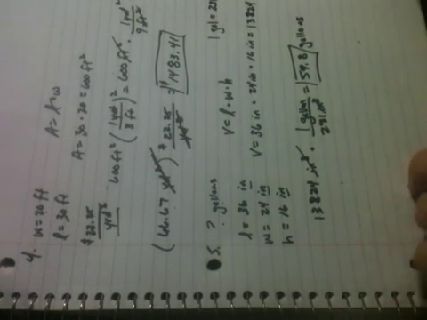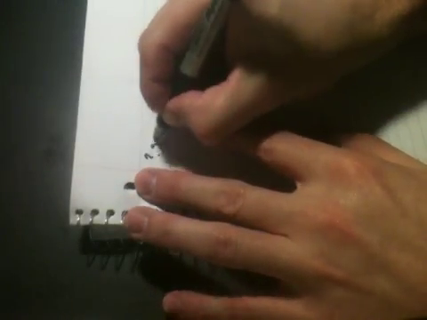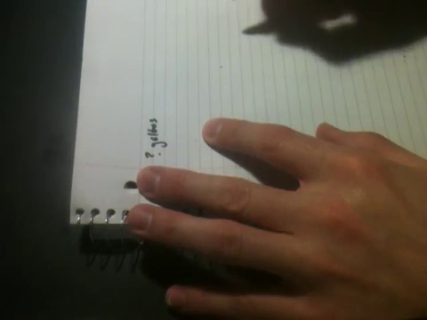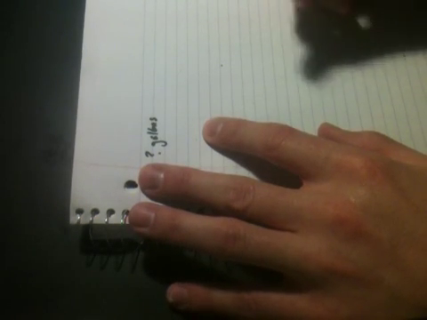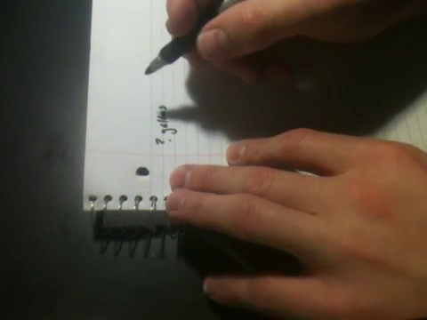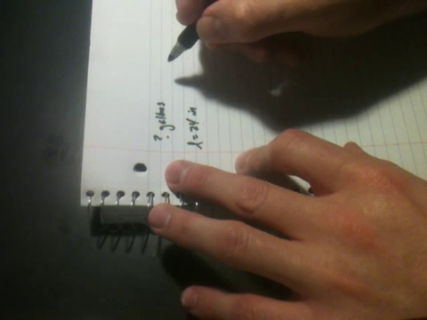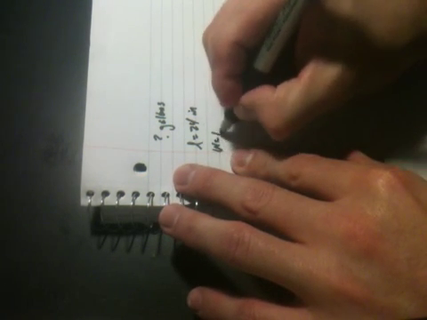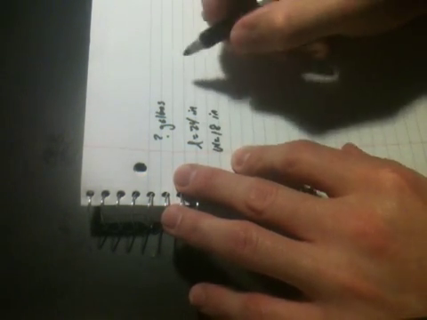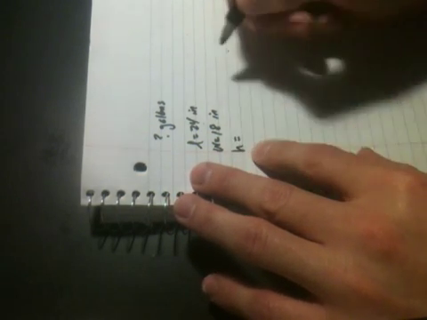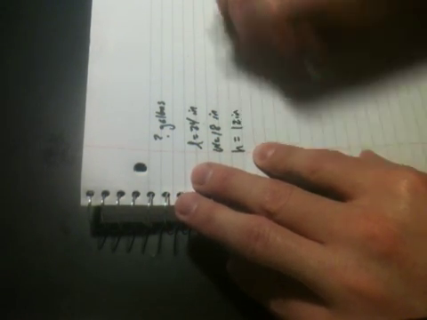Okay, and number 6 is just the same. Find the number of gallons of water, so you're looking for the gallons. With a fish tank that is 24 inches long, so the length equals 24 inches, 18 inches wide, and filled to a depth of, I like to call it height, of 12 inches.